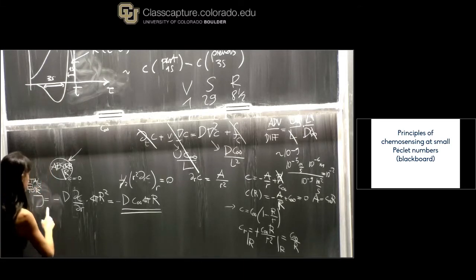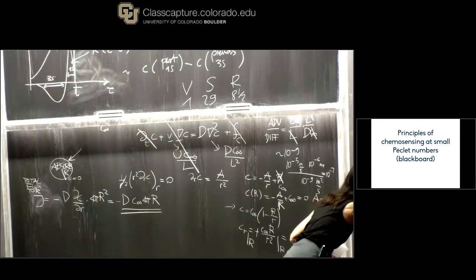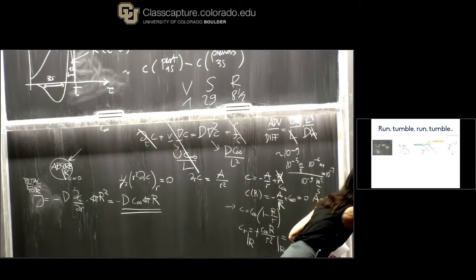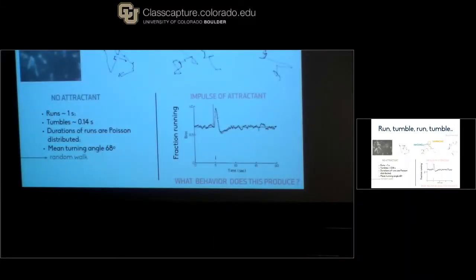What's the punchline of this? Remember, we observed the function. We decided that it's an interesting function because if it's a linear system, it tells me through a convolution what the response of the bacteria is. We decided that that kind of function implies that bacteria respond to differences in the chemicals that they experience along the trajectory.